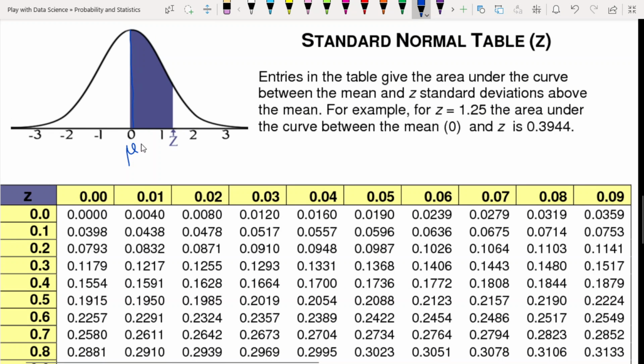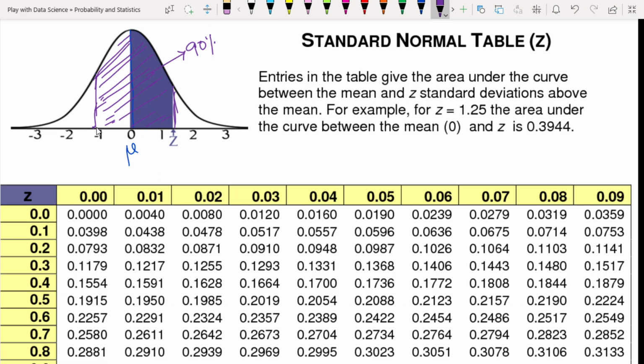This is mu, and we are finding the 90% area. On both sides we find the area that occupies 90%.